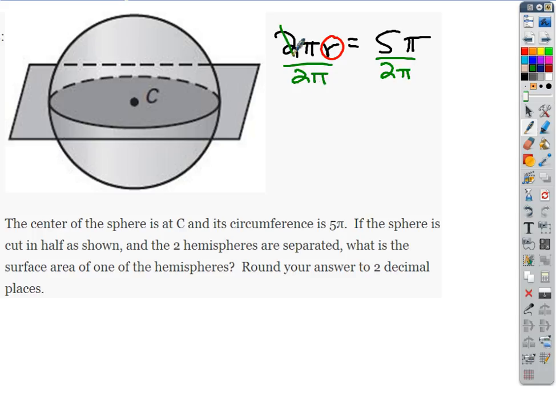So then if I want to calculate the total surface area, I'm going to do 1/2, so 0.5 times 4 pi r squared, right? There's the surface area of a sphere, times 1/2, plus pi r squared.